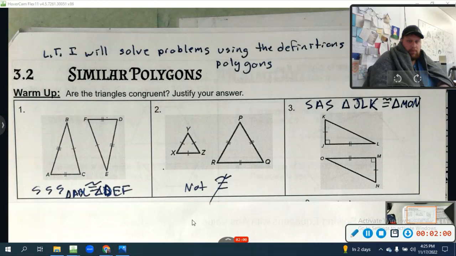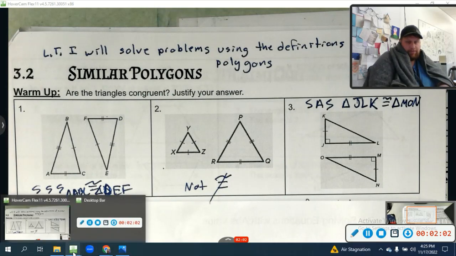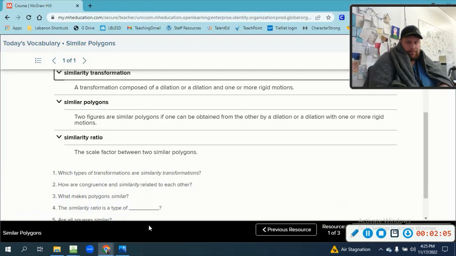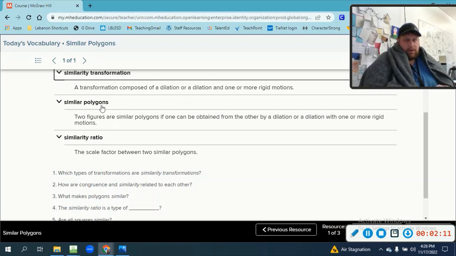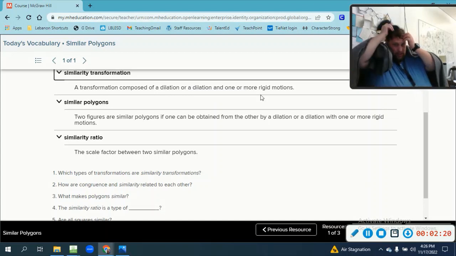Awesome. Let's go down. We're going to look at some vocab, y'all. Take a minute. This is transformations. A similarity transformation is a transformation composed of a dilation or a dilation and one or more rigid motions.